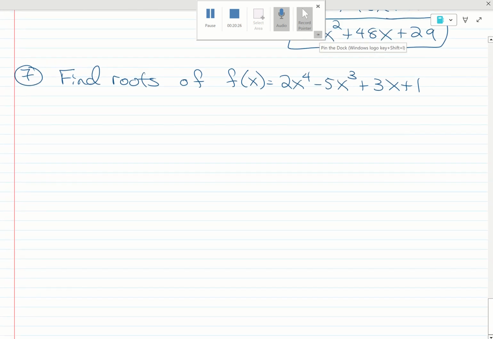And when we're doing this, first step we usually do is we find how many positive roots we're expecting, and we just count the number of sign changes. So it looks like there's going to be 2 or 0.